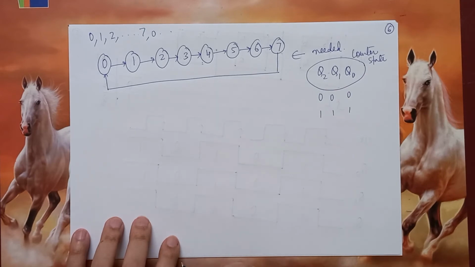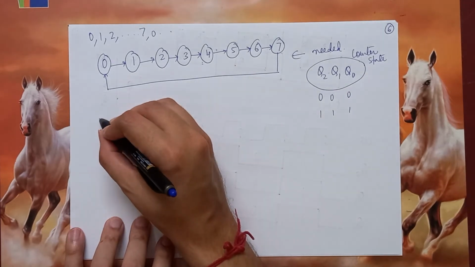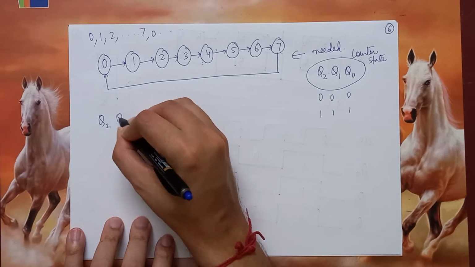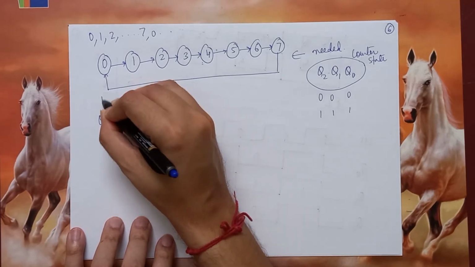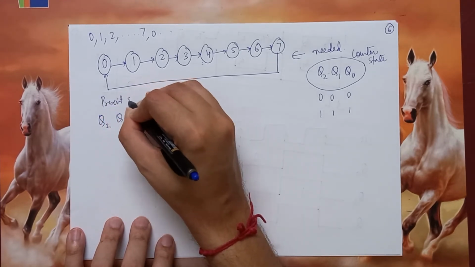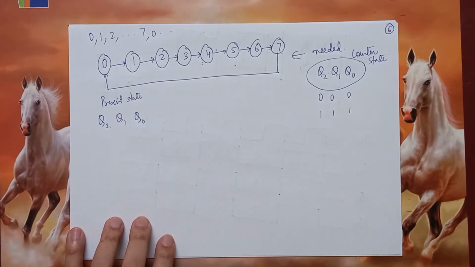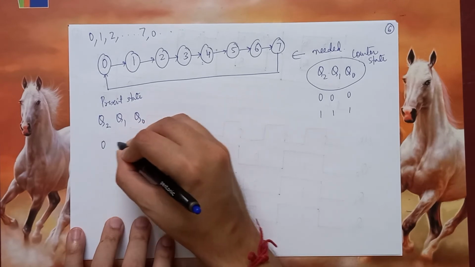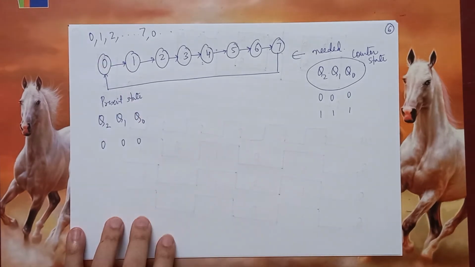Now suppose I know what is my Q2, Q1 and Q0. Let me call this my present state. Now if the present state is 0, 0, 0, that is I'm over here, what should the next state be? The next state should be 1.